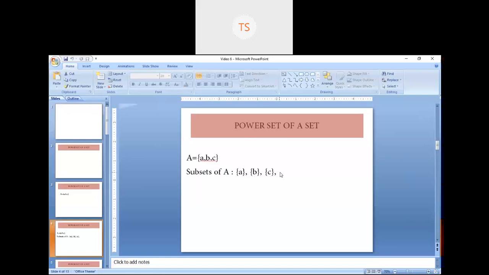Next you choose two elements. That means you can choose ab as a subset, then you can choose ac as a subset and bc as a subset of capital A. So these are the subsets of capital A containing two elements.